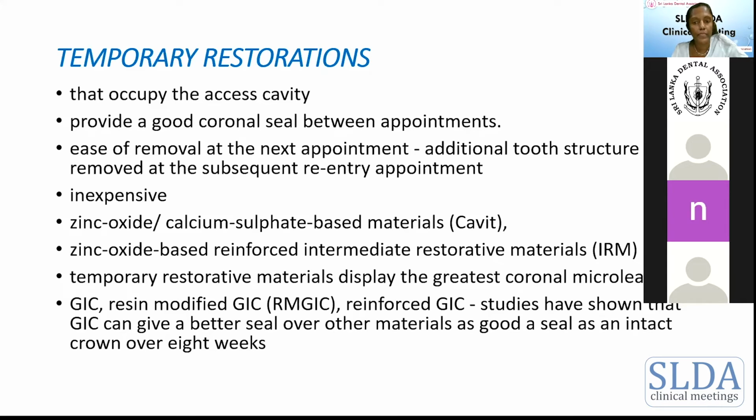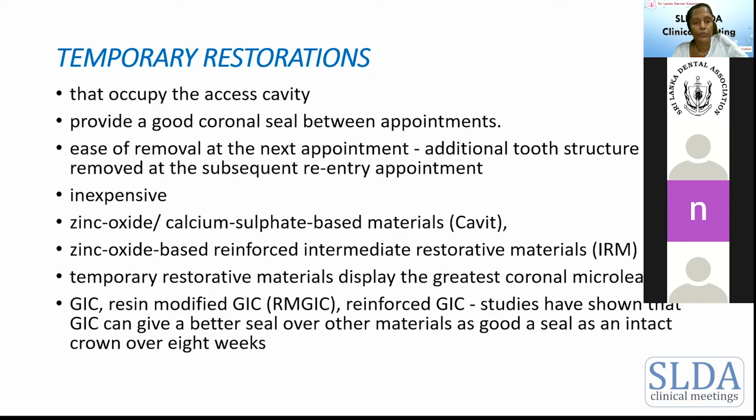There are some materials which are regarded as good temporary restorative materials. One is CAVIT, which is composed of zinc oxide and calcium sulfate based materials, and IRM, that is zinc oxide based reinforced intermediate restorative material. According to the literature and according to our clinical judgment, the temporary restorative materials most of the time display the greatest coronal microleakage.